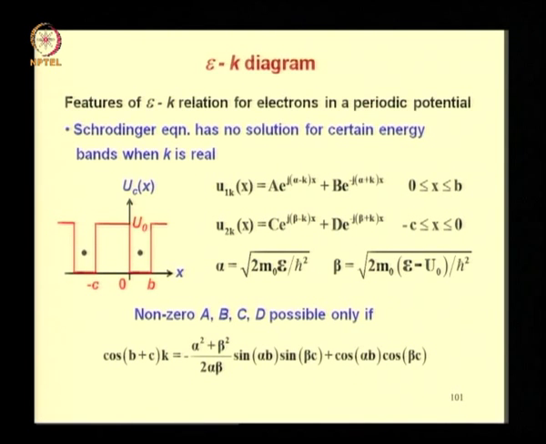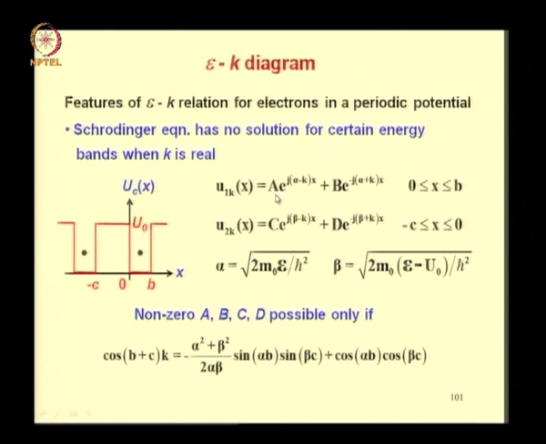Now when you do that, you will find that non-zero A, B, C, D is possible only if this particular condition is satisfied. So this equation is obtained as follows.